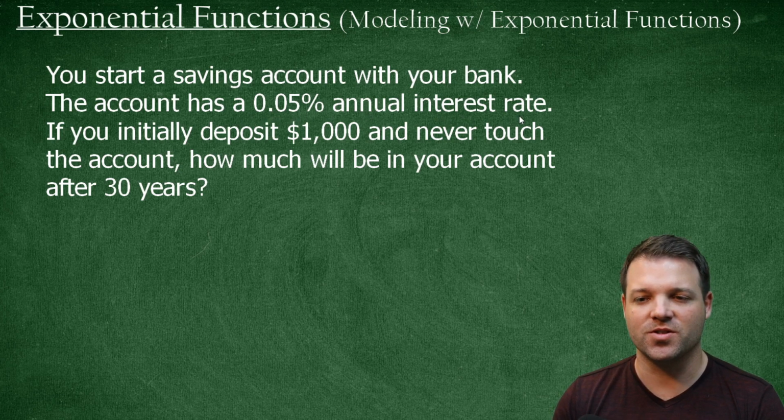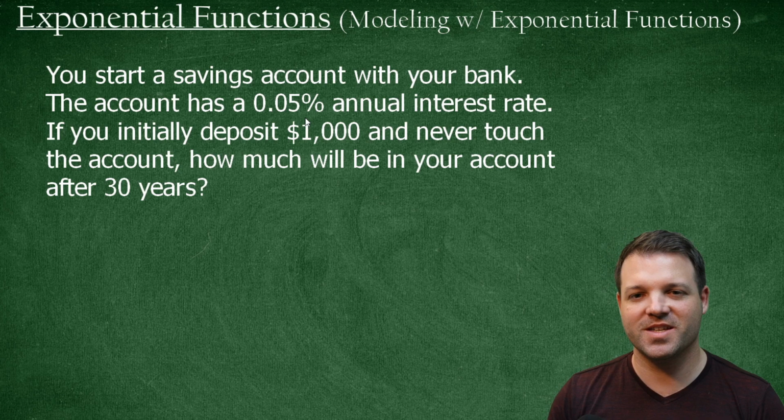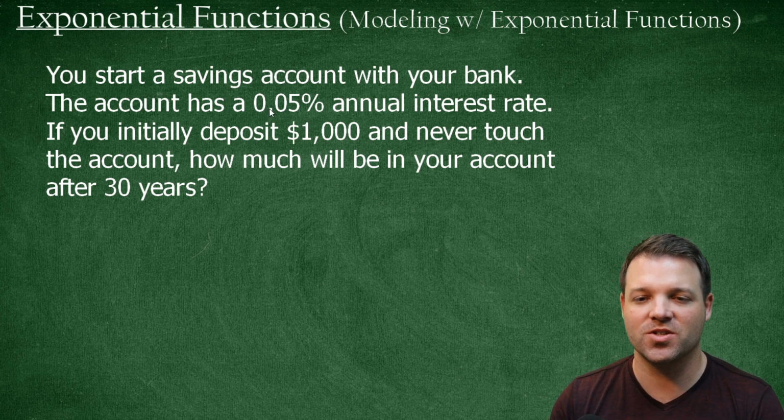0.05% annual interest rate. Usually when I make these problems, I just put in like 3% or 5%. But this time I did look up the actual average annual interest rate for a savings account for January of 2021, this current month, and the average is 0.05%.